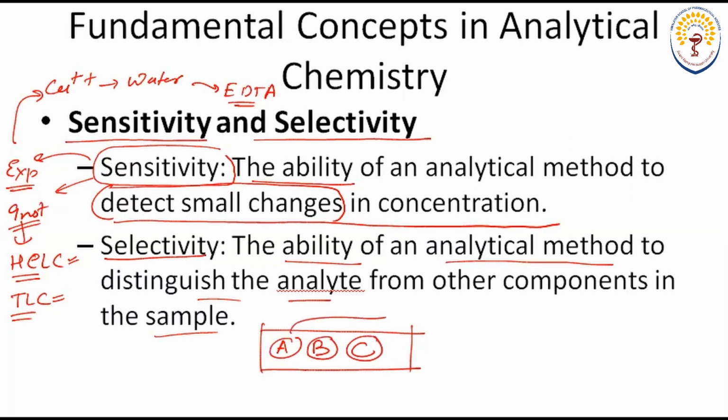We only want to determine the concentration of A. So if there is any experiment which determines only the concentration of A, then it would become a selective experiment. So sensitivity and selectivity are the two things which are highly required in pharmaceutical analysis.